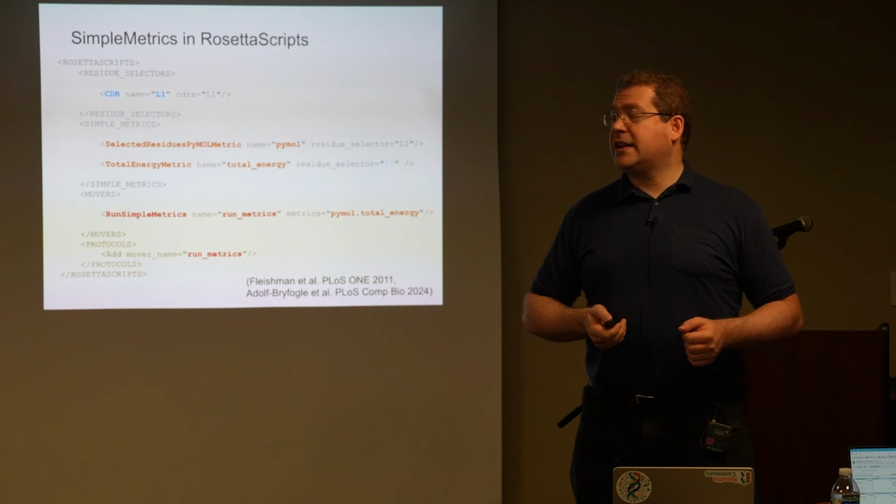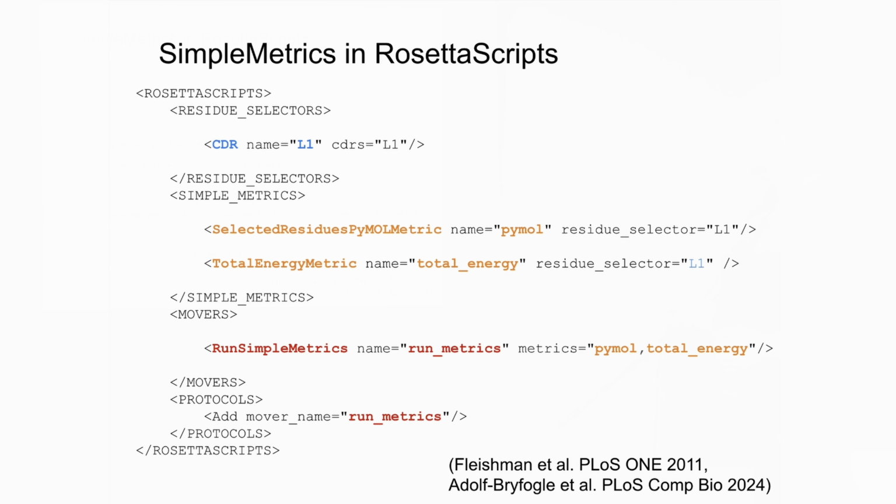Here's an example of a RosettaScript using SimpleMetrics. Other RosettaScripts objects, such as residue selectors, can be used to configure SimpleMetrics. Then there's a SimpleMetrics block where you can say, okay, I want the total energy, but I just want the total energy over a particular region of the protein.